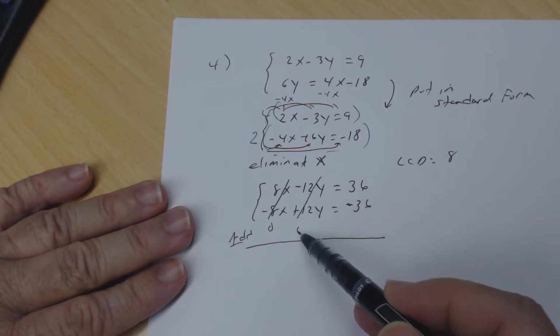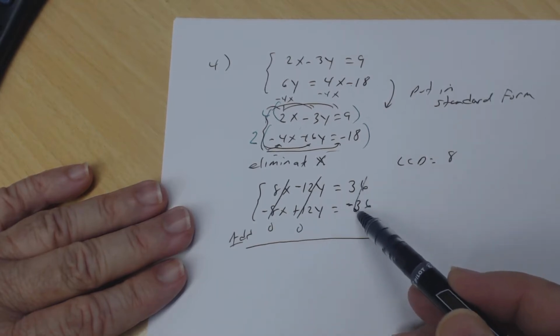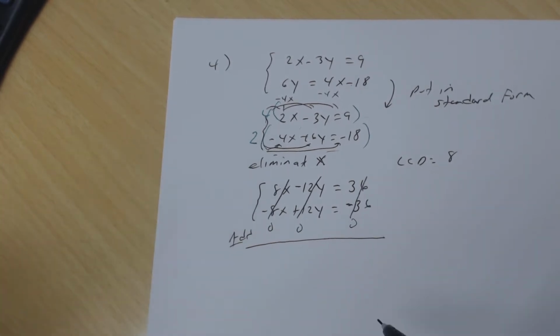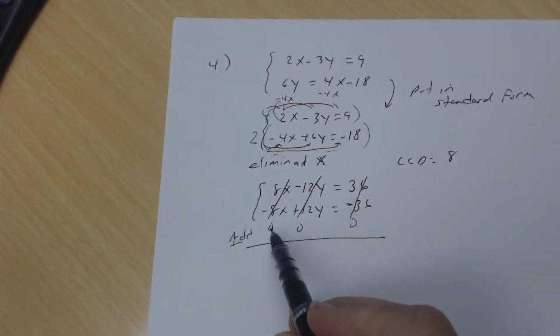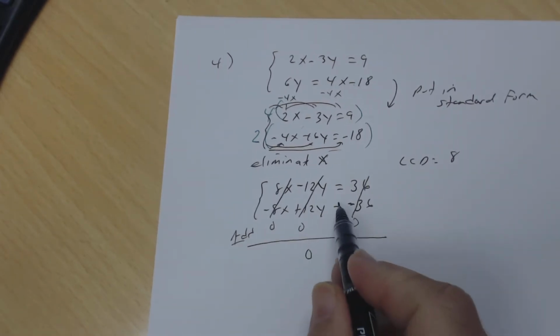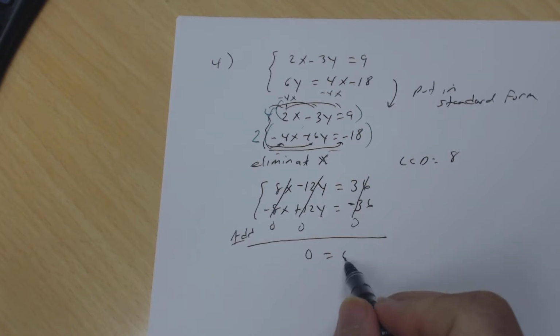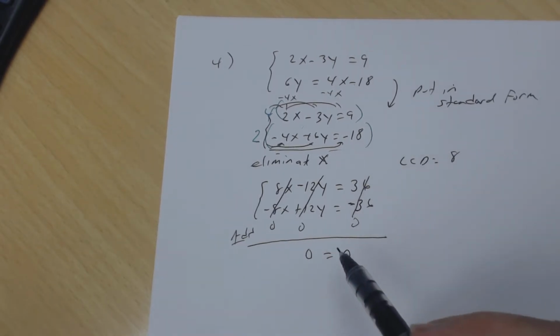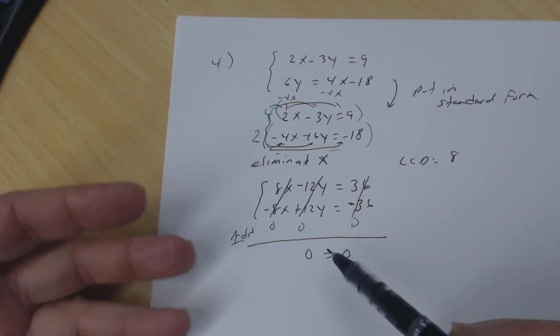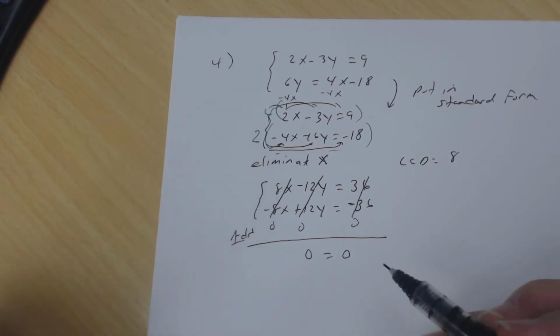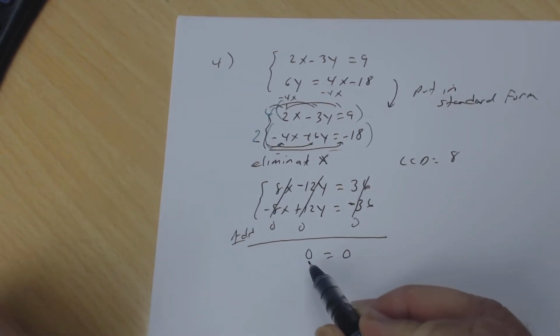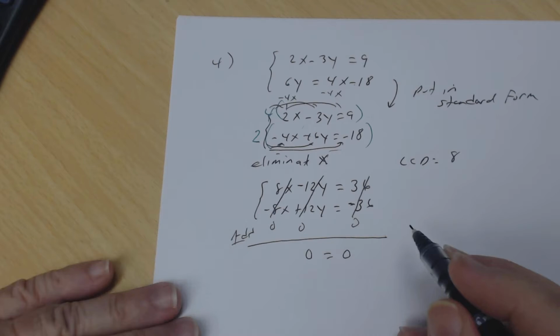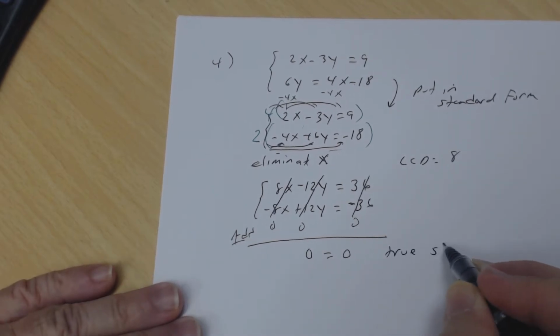Negative 12y and a positive 12y is 0. 36 and a negative 36 is 0. So what you end up with now, make sure you understand this, 0 plus 0 is 0, equal 36 minus 36 is 0. So you end up with the variables disappearing, so to speak, and you end up with the statement 0 equals 0, and that's a true statement. Remember we talked about that before.